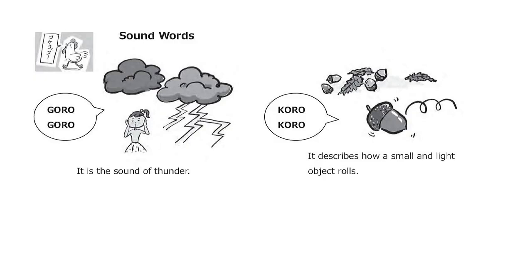Goro-goro is also used to describe a cat's purring and how a heavy object is rolling over and over. Then, what kind of a sound is this word for? コロコロ. It sounds very similar to goro-goro, but I'm not sure. Koro-koro describes how a small and light object is turning over. We say a nut or a pebble is rolling down. Koro-koro.